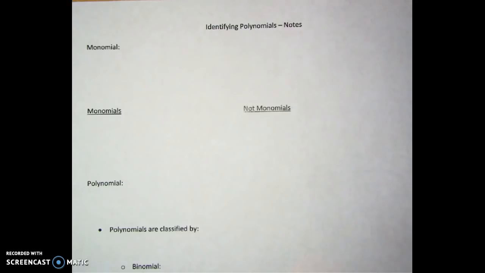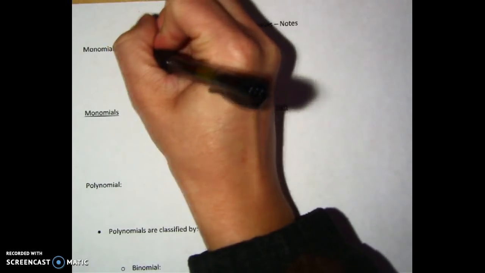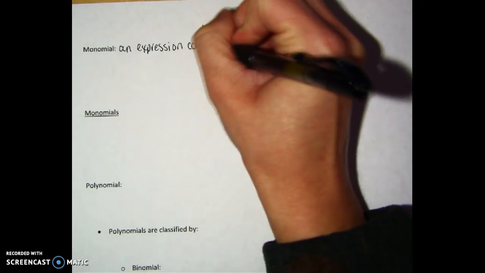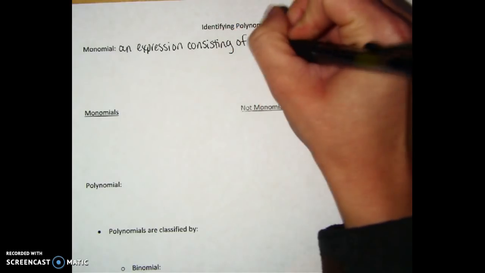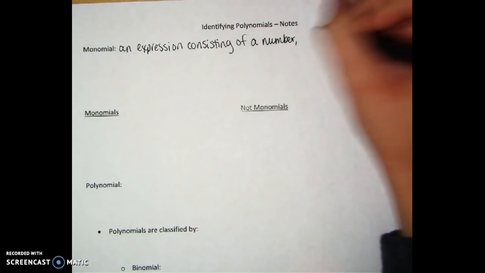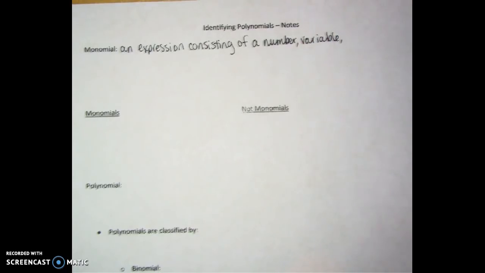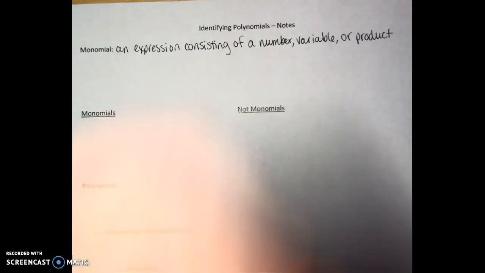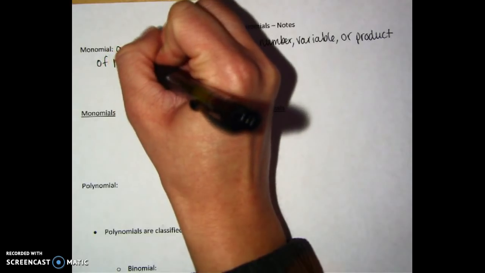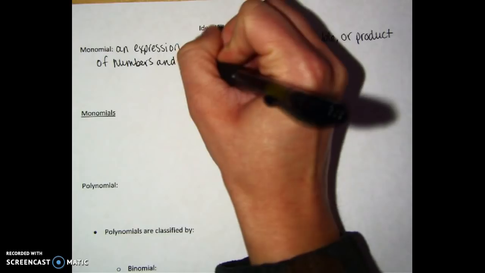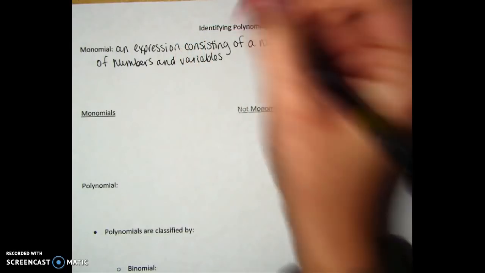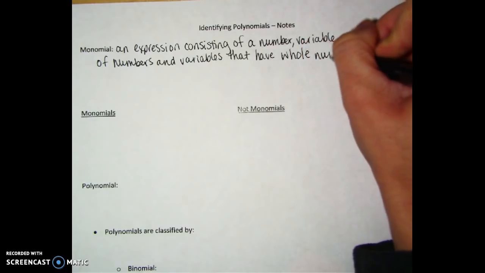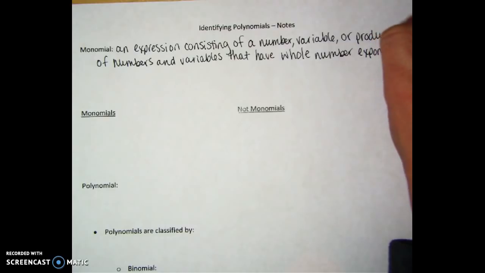So your first polynomial is a monomial, and this is an expression consisting of a number, variable, or product of numbers and variables that have whole number exponents. And when I say whole number exponents, that means no negatives.